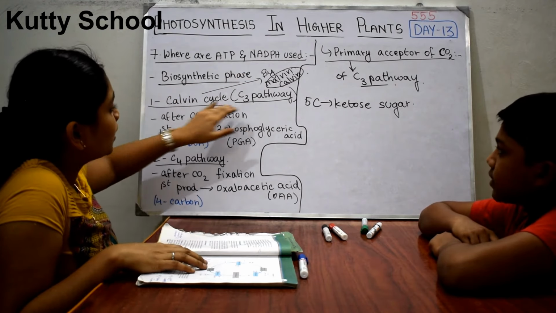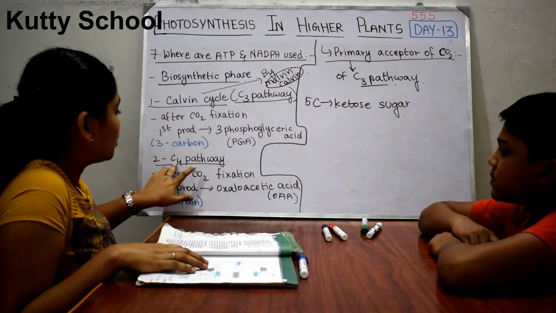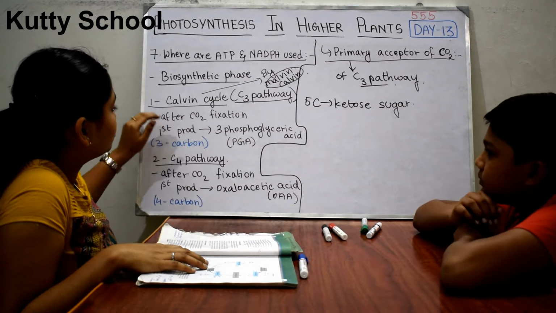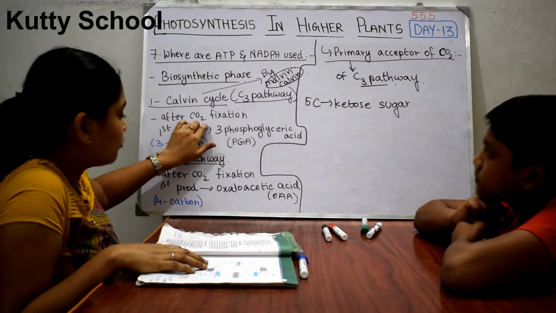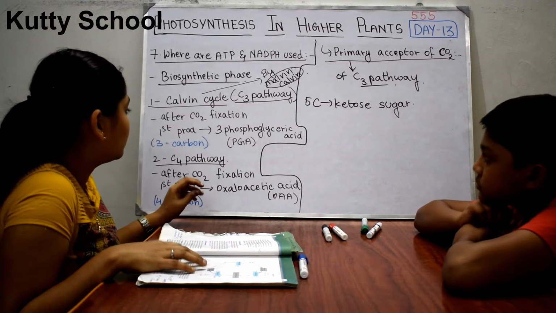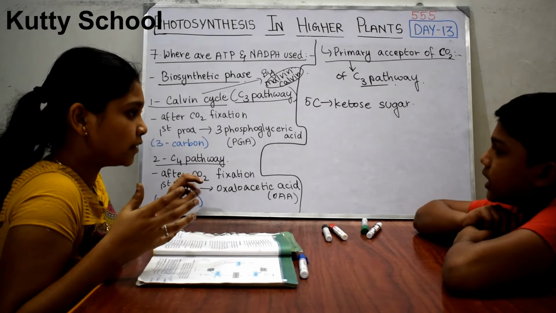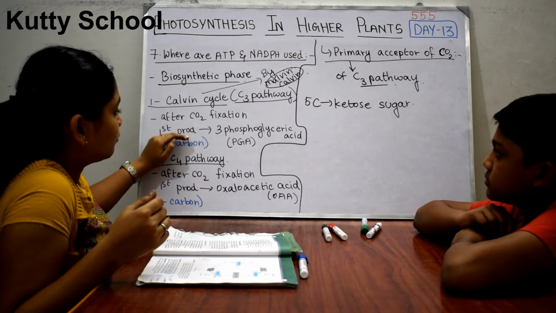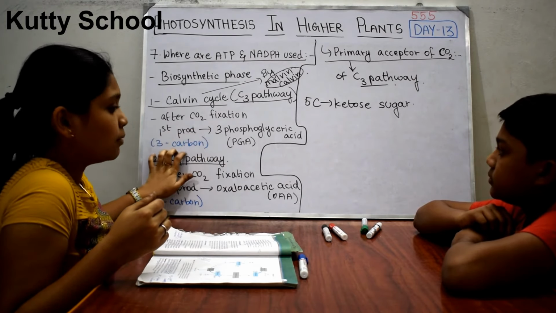Why is it the C3 pathway and this one the C4 pathway? After the fixation of carbon dioxide, the first product formed is a 3 carbon product.